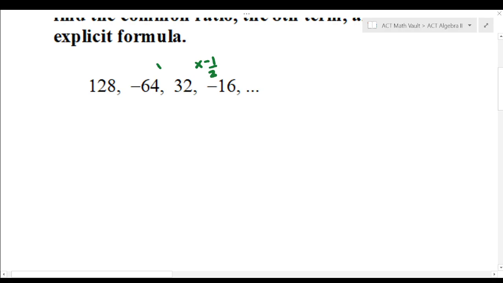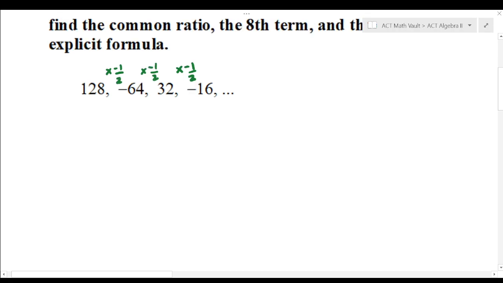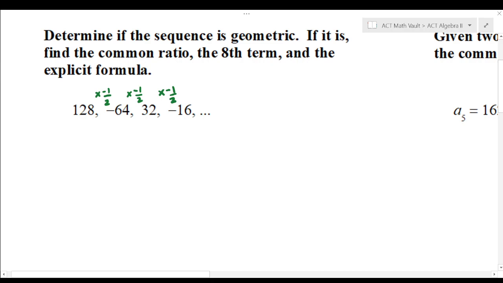I can multiply -64 by -1/2 and get +32. So I'm noticing that this, what we call common ratio, is the same every time, and it is a multiplication relationship. So that tells me it is geometric.